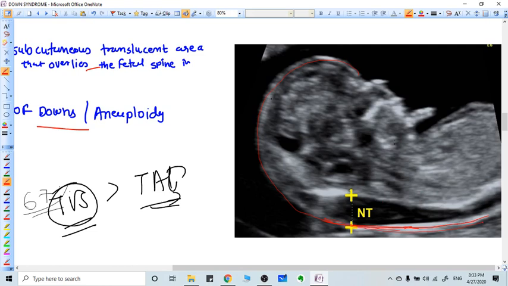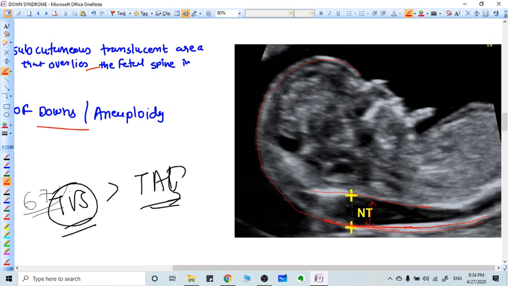This is a fluid-filled cavity, and this is the tissue just above the fetal spine. So what we need to do is measure the maximum length, the maximum width of the cavity which is present at the back of the fetus at the age of 11 to 13 weeks on ultrasound in the sagittal view.